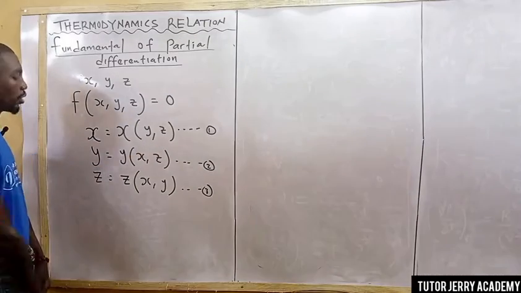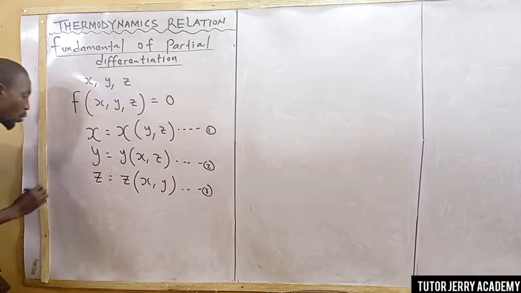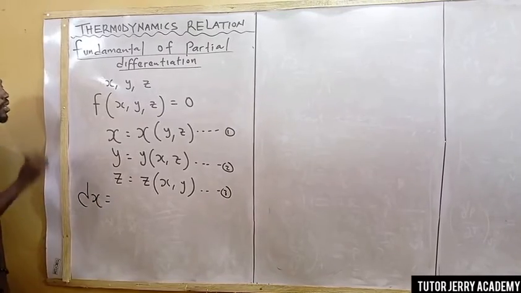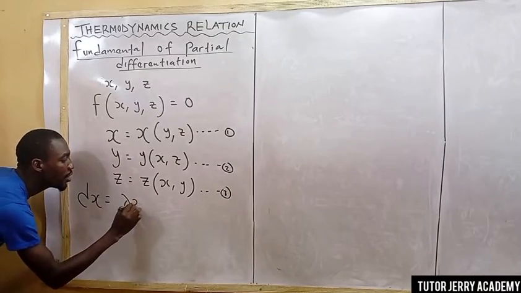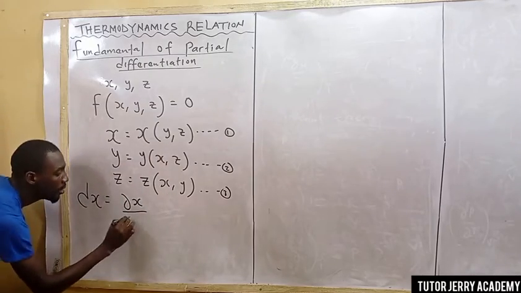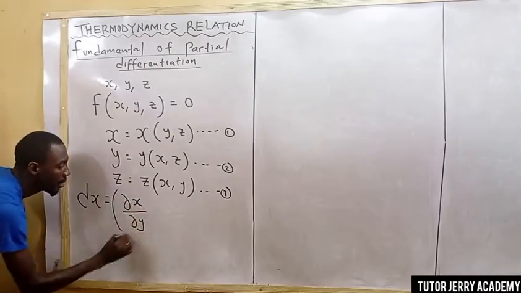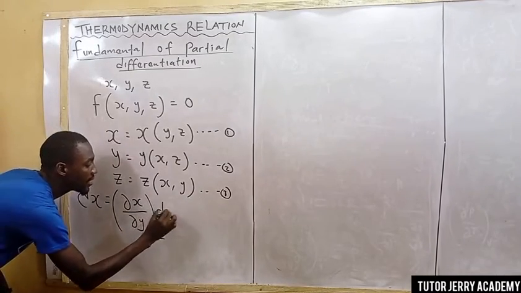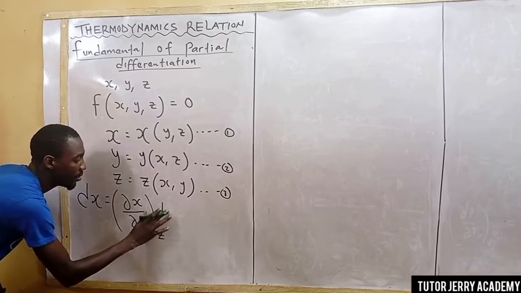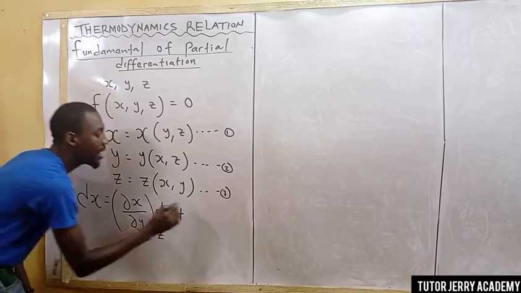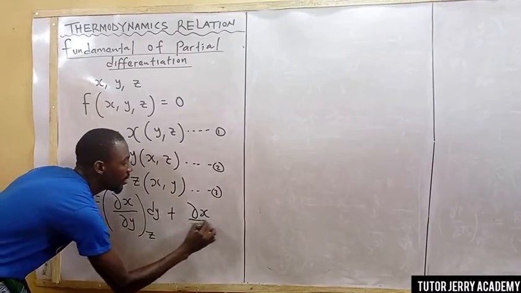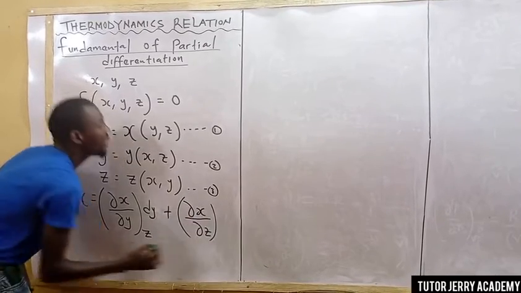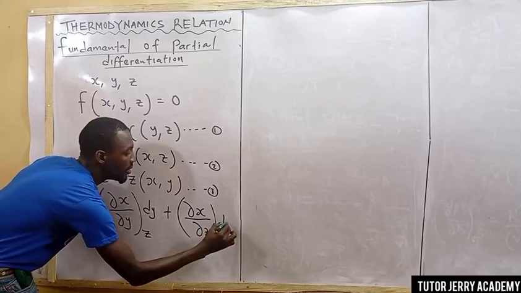So if we differentiate equation 1, we are going to have dx equal to the partial differentiation of x with respect to y, keeping z constant, then dy, plus the partial differentiation of x with respect to z, keeping y constant, then dz.